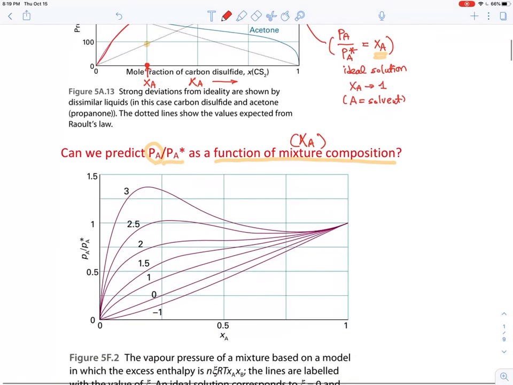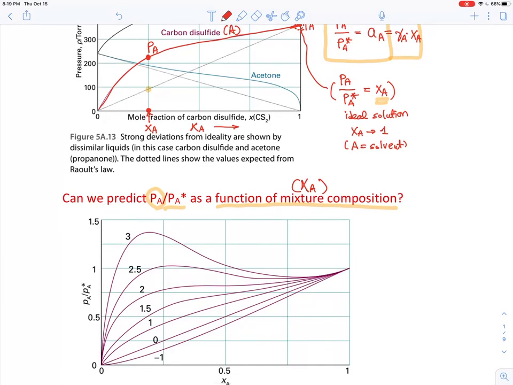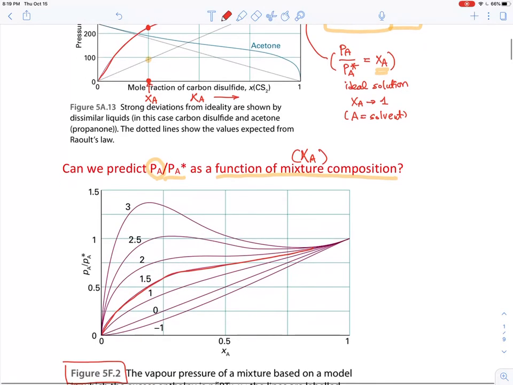So here is one of the figures. I'm going to jump ahead and show you that this one looks quite similar to something like that, right? This is the vapor pressure of carbon disulfide as a function of that. So it's an example where A and B are mixtures, and we want to be able to predict this. And this solution is essentially coming later on. Do you remember the regular solution theory?